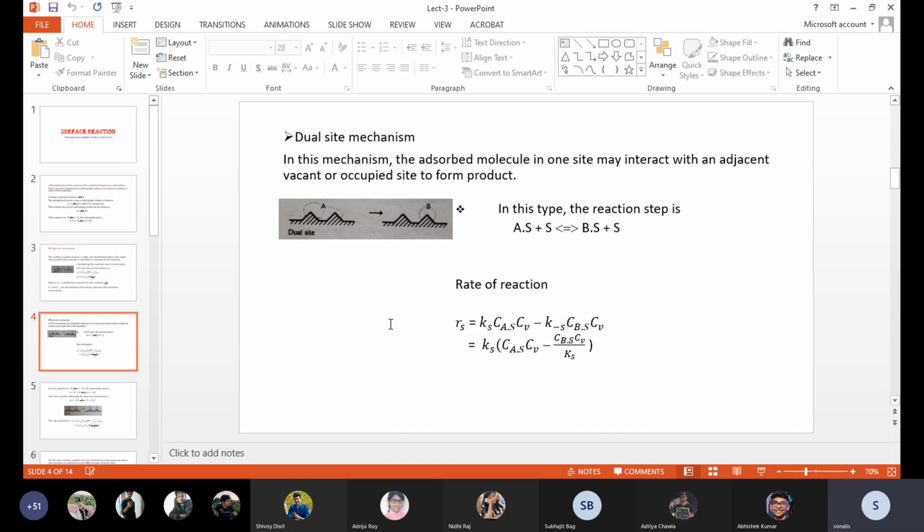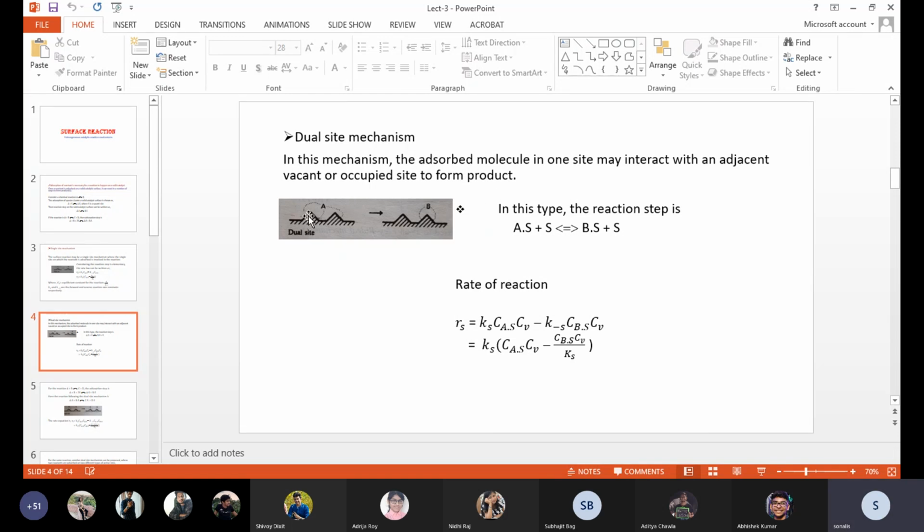If it is dual site, the dual site mechanism can be written in different ways. I am giving you one by one example. In this mechanism, the adsorbed molecule on one site may interact with an adjacent vacant or occupied site to form product. Look at the picture.